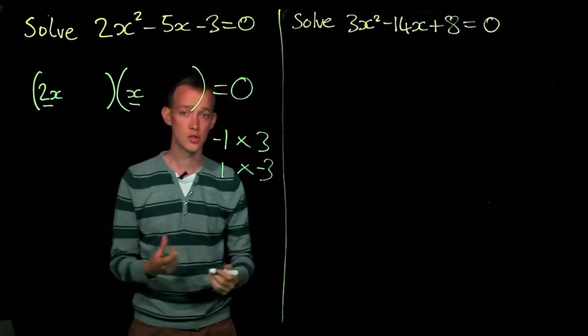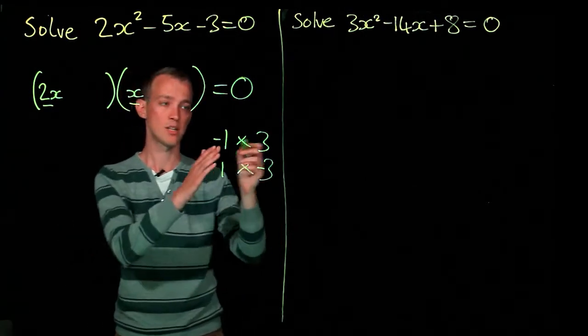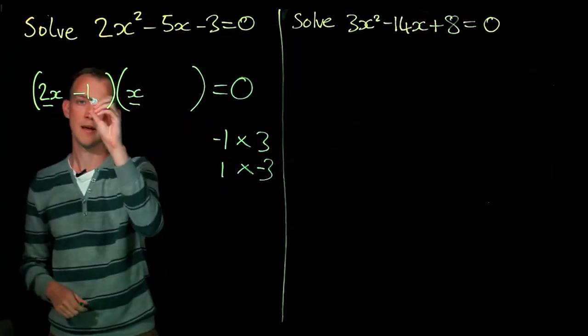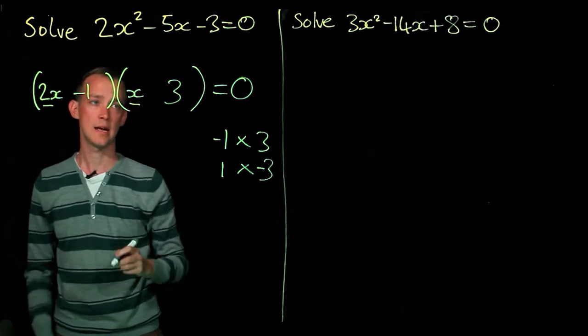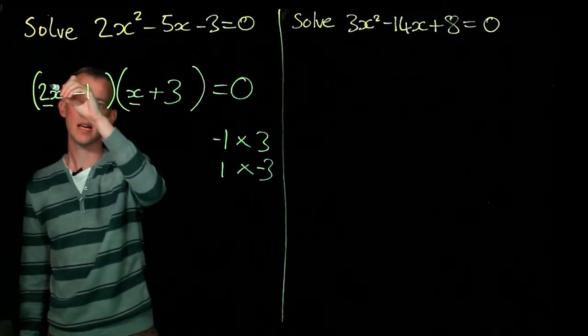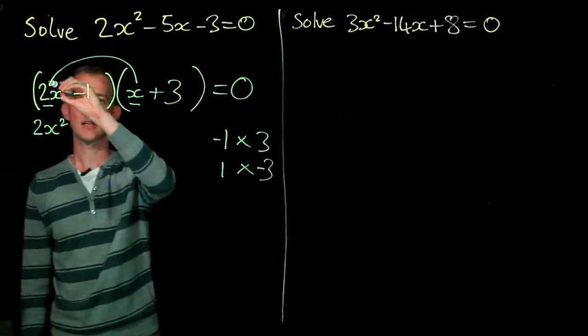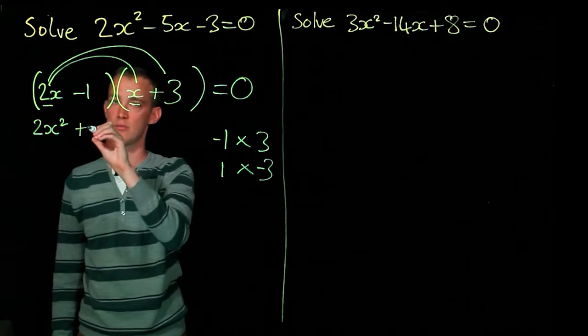Okay, now I'm going to use trial and improvement to work out what the correct answer is. Let's try minus 1 and 3. Let's put a minus 1 in here and a 3 in here, and let's see what happens when we expand it. So 2x times x there makes my 2x squared, so that bit's correct. 2x multiplied by the 3 will give me 6x.